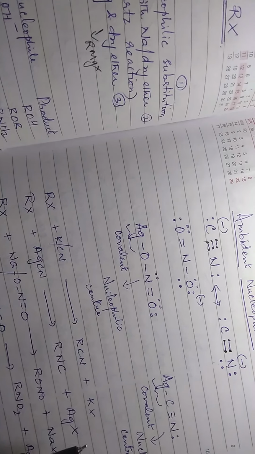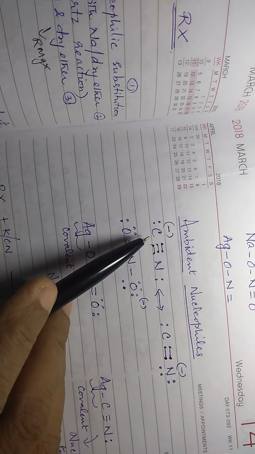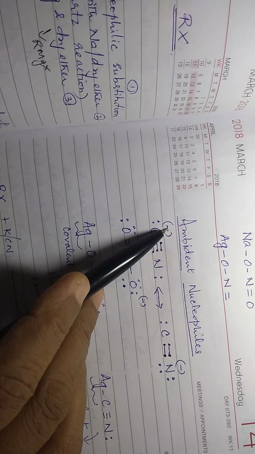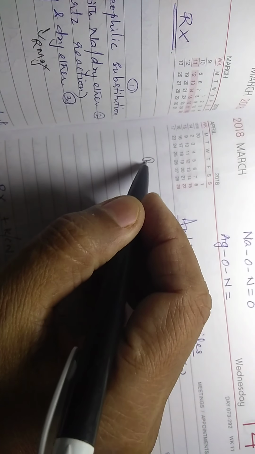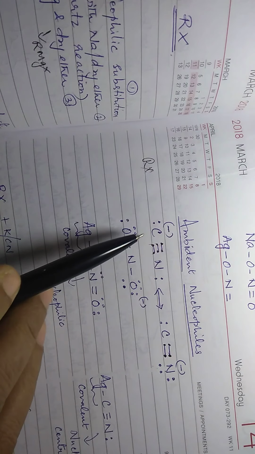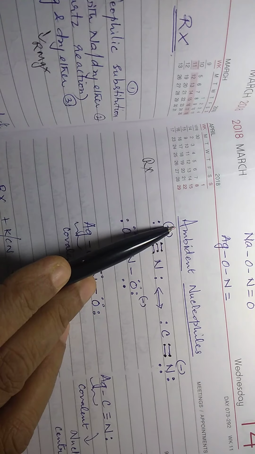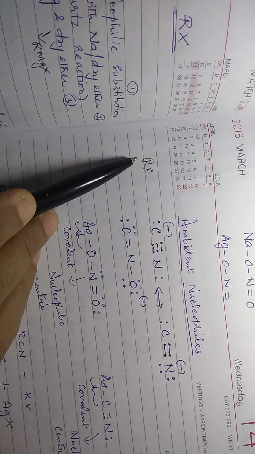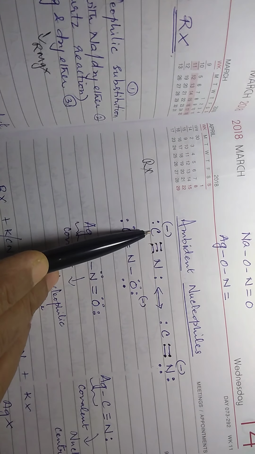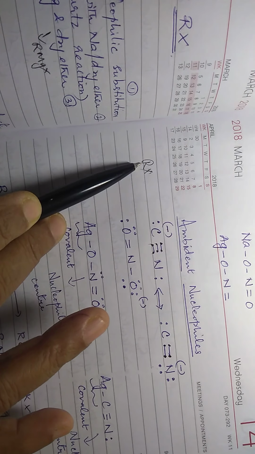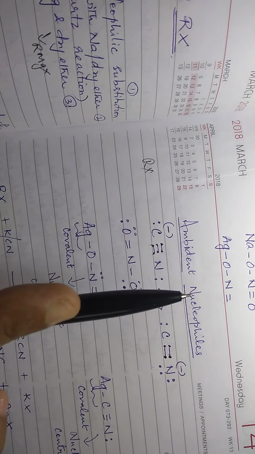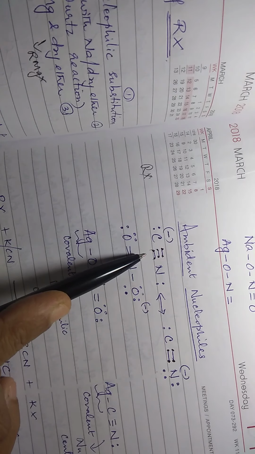Again come back here. Now this carbon is holding a negative charge. So in the case of RX, when it is treated with KCN, the C negative part is attacking the R plus. Why? Because this C would make a bond with the C of R. So C-C bonds are stronger. That is why with KCN you are getting cyanides.